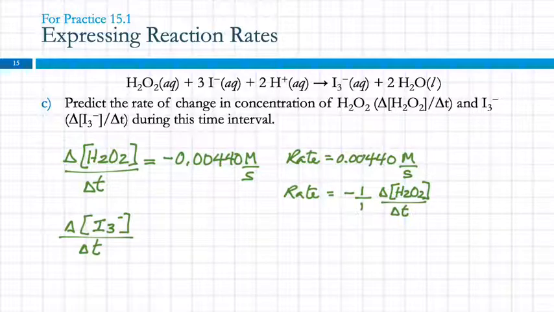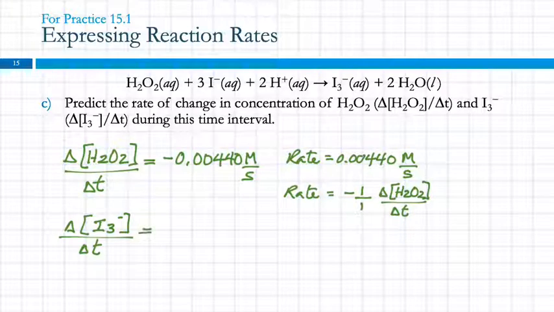Is it going to be the same for the I3? Right, it will be the same. So the I3 minus and the H2O2 have coefficients of 1. And so when you do 1 over 1, it's not changing the value. And so the magnitude of this concentration change is equal to the rate of the reaction. But the change for a reactant is negative because it's going away. The change for a product is positive because it's appearing.